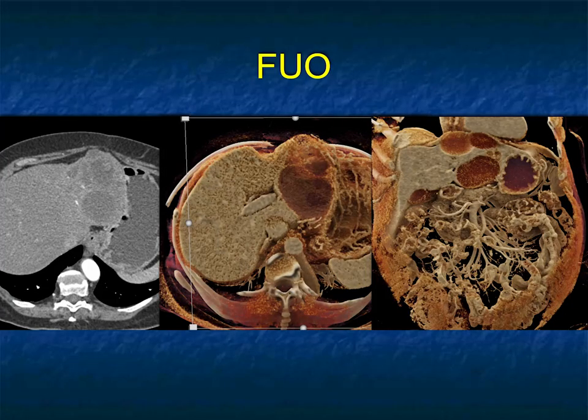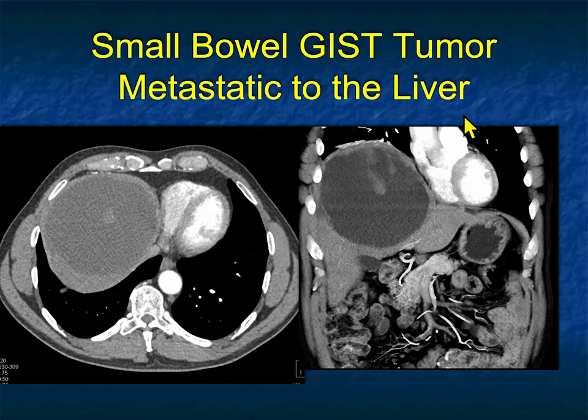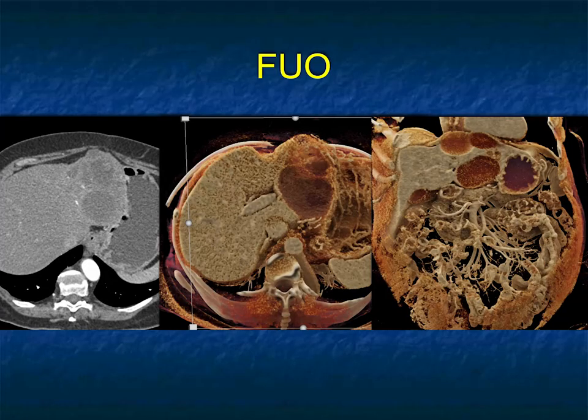Now, what about this case? There's a lesion in the left lobe of the liver with mass effect. From the axial images in the arterial phase to the images with cinematic rendering, as you go back you notice this lesion has multiple septations. It's cystic and maybe solid.